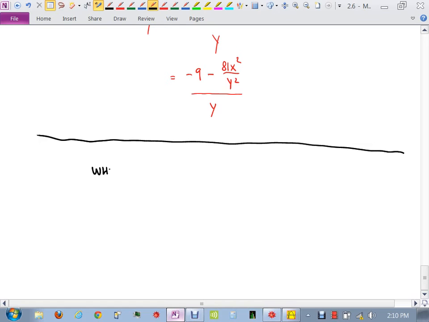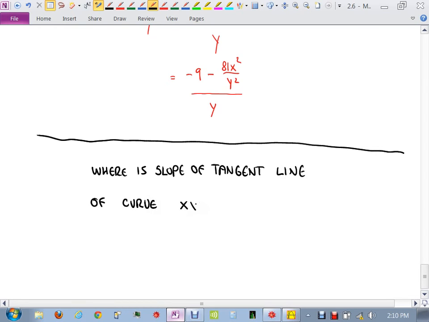Okay, where is the slope of the tangent line of the curve xy squared plus x squared y equals 2 equal to 1?